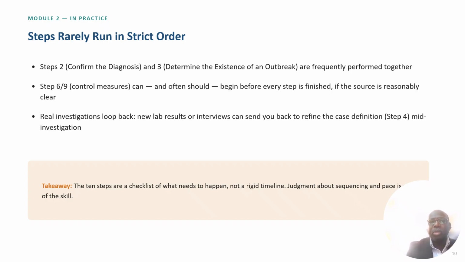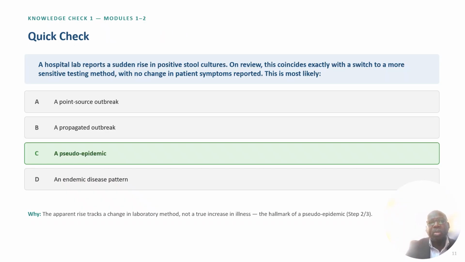The golden rule is that prevention measures should exist at the time we start our outbreak investigation. Then, as the investigation goes on, new lab results or interviews can send us back to redefine the case definition. So the case definition is flexible. It could be changed, because the main purpose of the case definition is to help us detect and identify more and more cases.